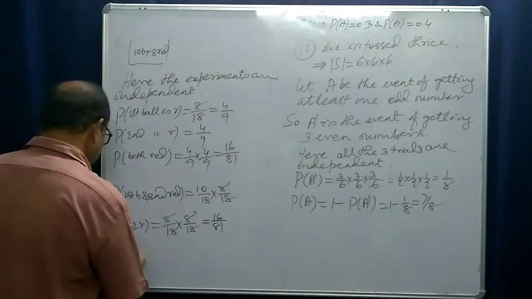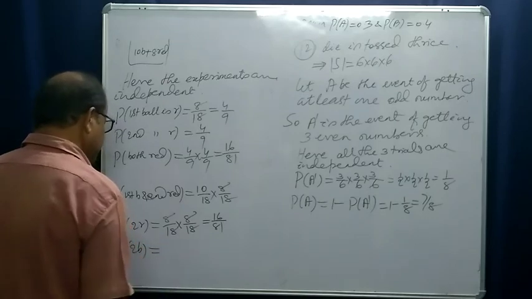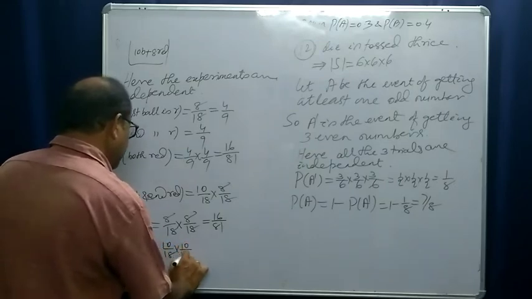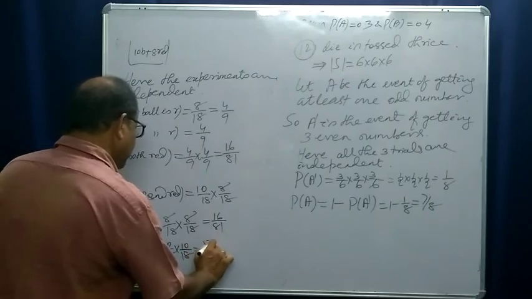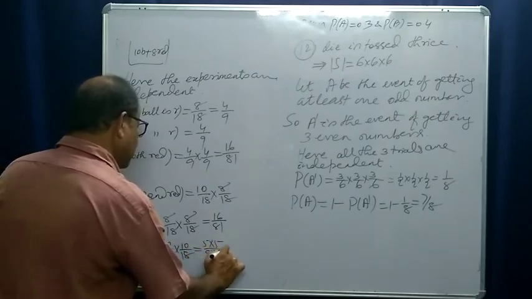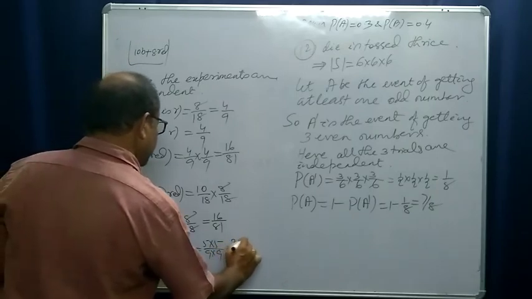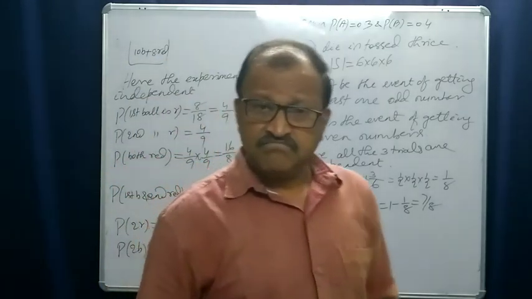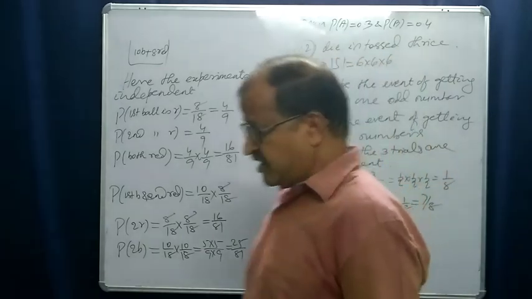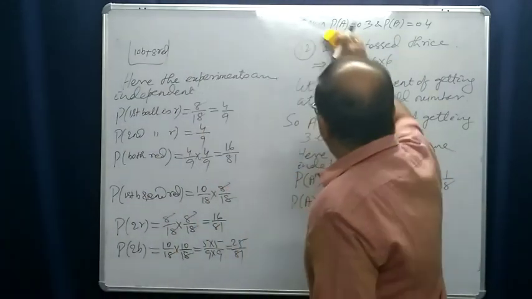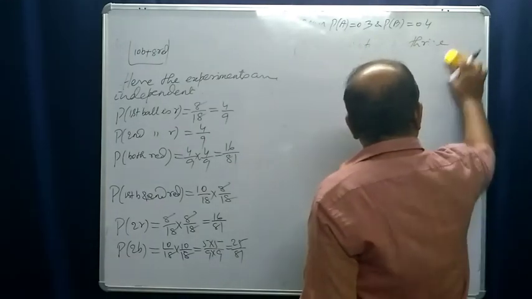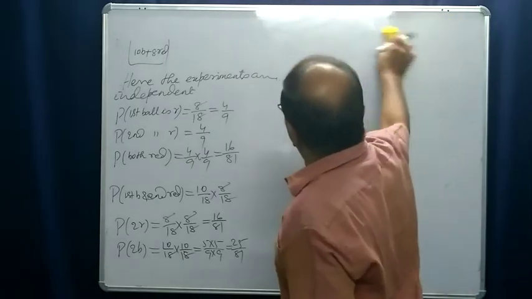And what is the probability of getting 2 black? It is 10 by 18 into 10 by 18. That means 5 into 5 by 9 into 9, that is 25 by 81, right? So let A be the event that both are red or both are black. You see, both are mutually exclusive. Why?